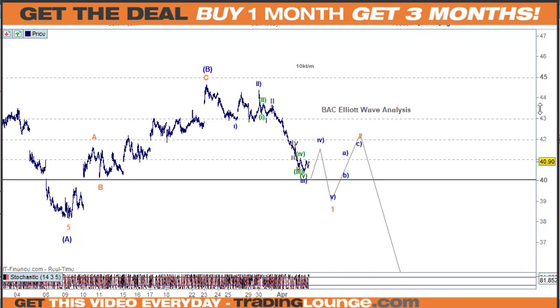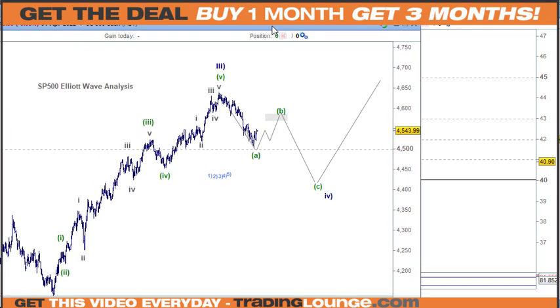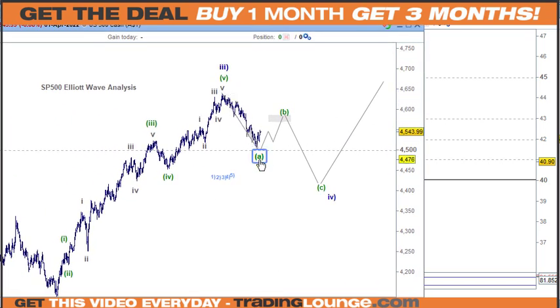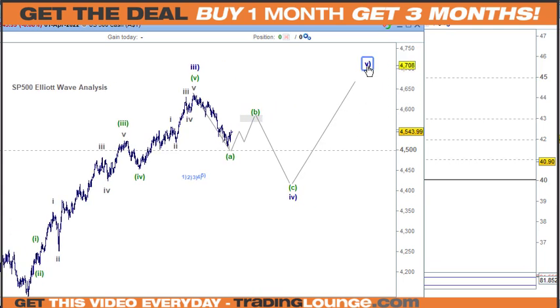So this move down in the banks equals up really with the S&P 500 moving down in this area, and we're looking for a rally here and then down for wave 4 and then up for wave 5. So the banks have really got to play out in the same sort of pattern as this.